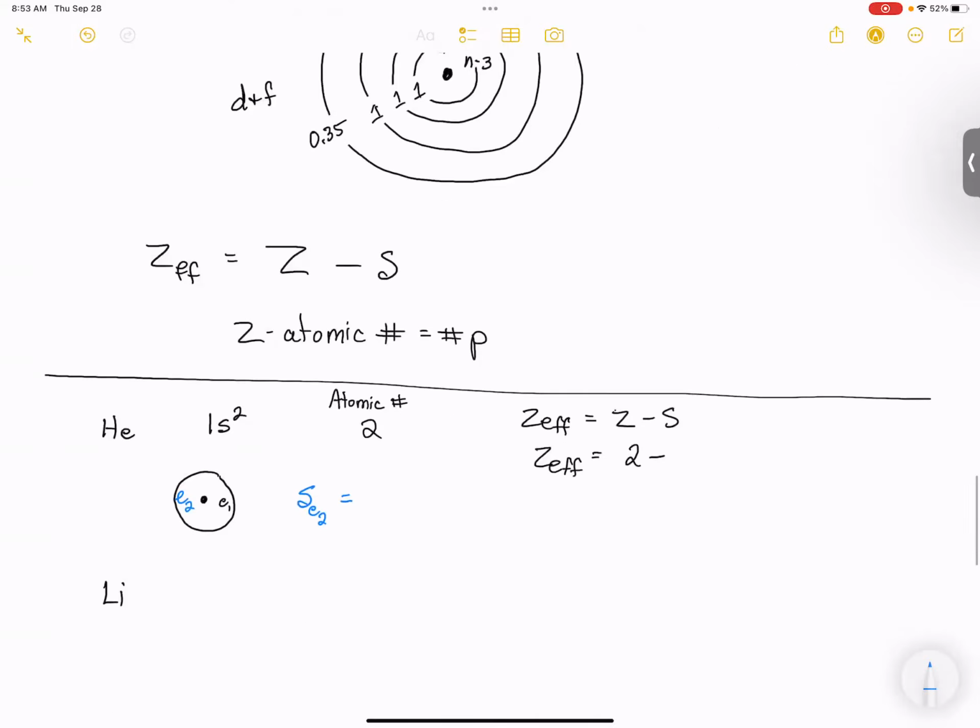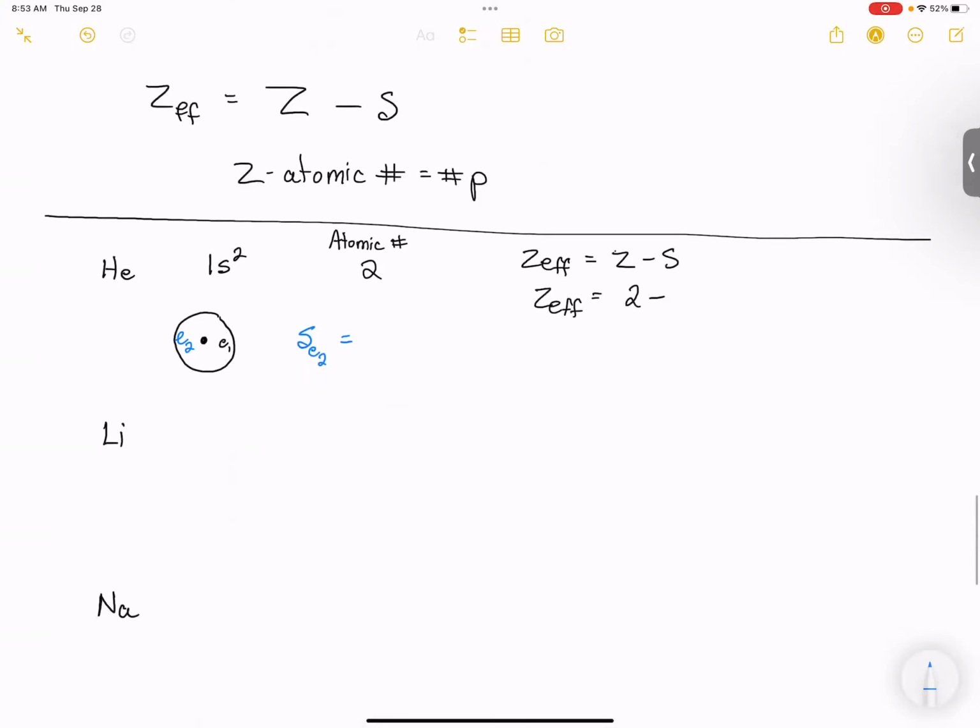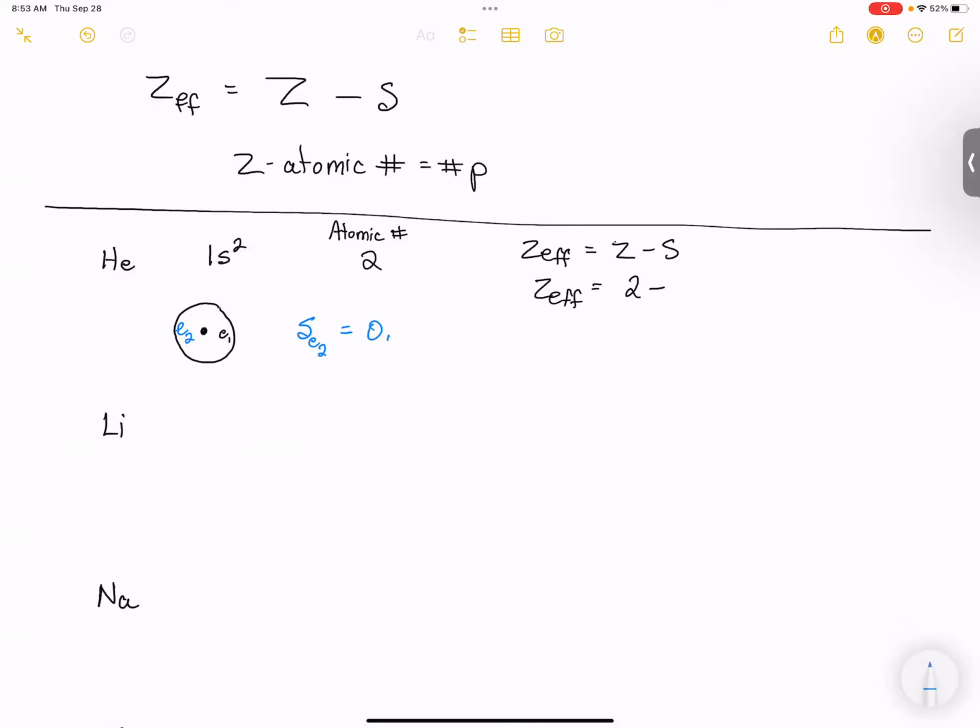So that's equal to 0.3 times the 1 electron times 1. Or in other words, it's 0.3. So our Z effective for this is 1.7 for helium.